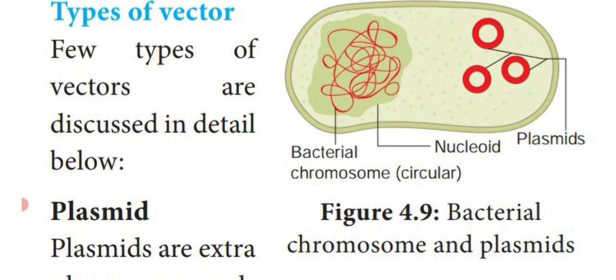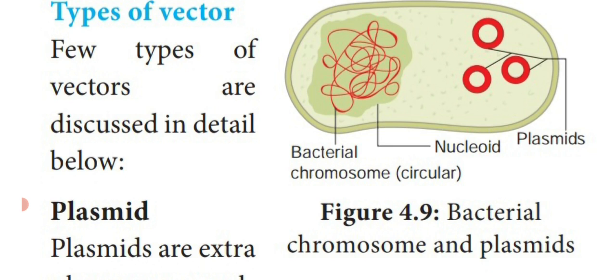Apart from that, the other red circular structure which contains a double membrane is known as plasmid. It is an extrachromosomal region with a double membrane. So this plasmid acts as a vector.